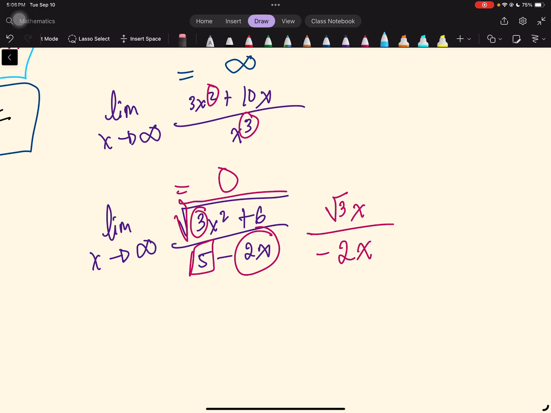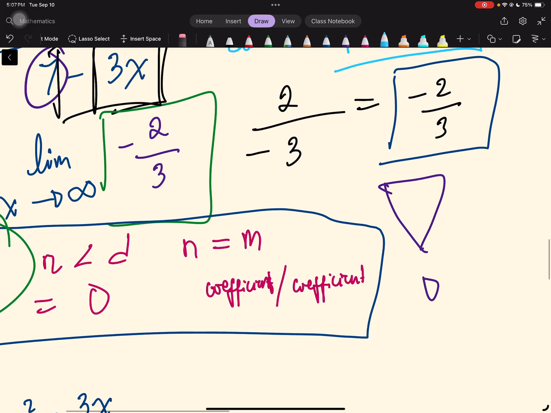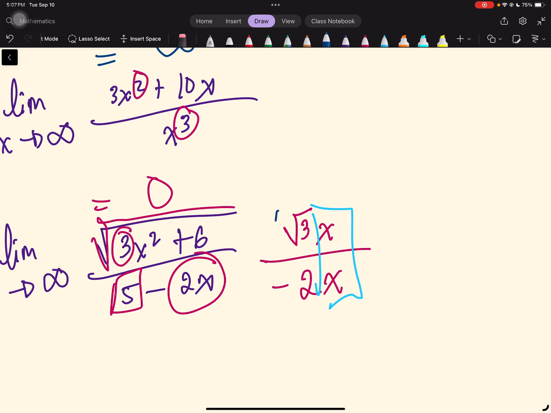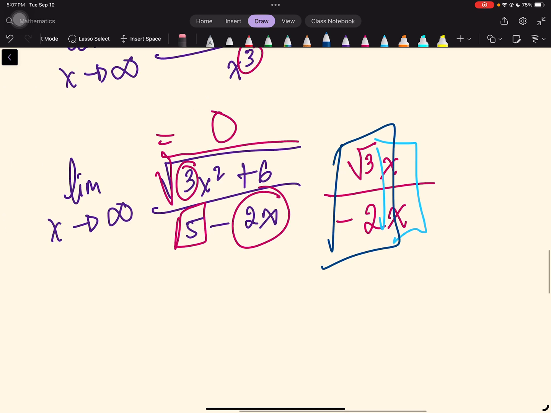So, as you can see, they're the same. The degrees of the numerator and denominator are equal. And what do we do when we have something like that? We simply divide their coefficients. So, the answer to this problem is negative root 3 over 2.